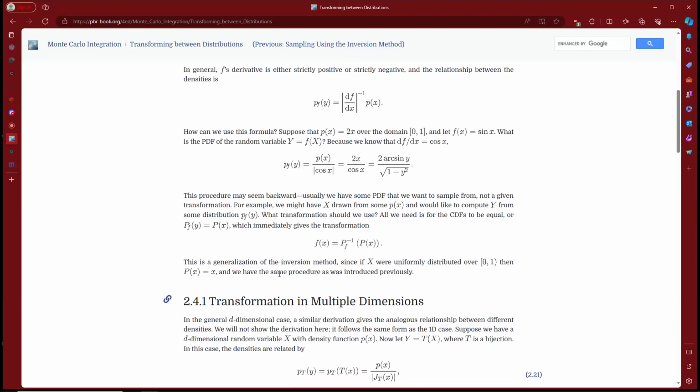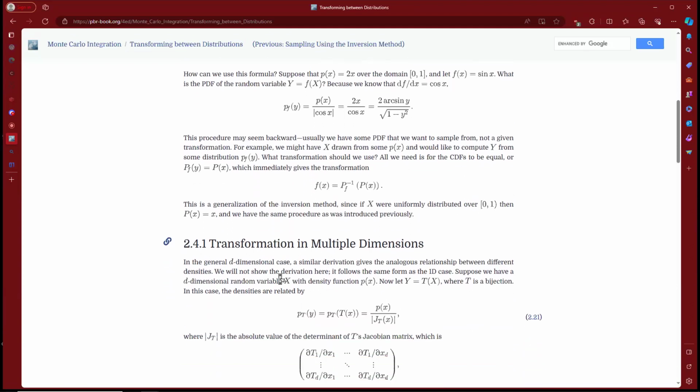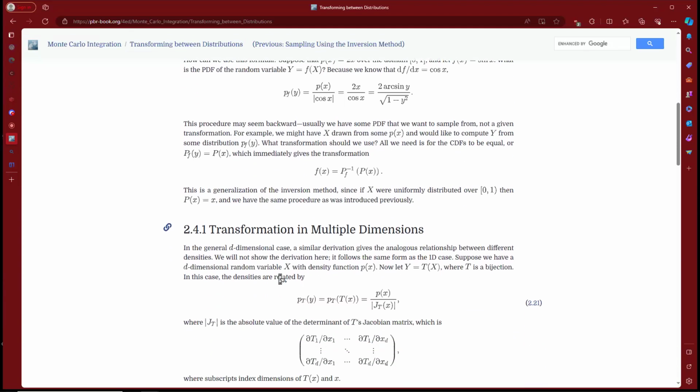This is a generalization of the inversion method, since if x were uniformly distributed over 0 to 1, then P of x equals x, and we have the same procedure as we introduced previously.